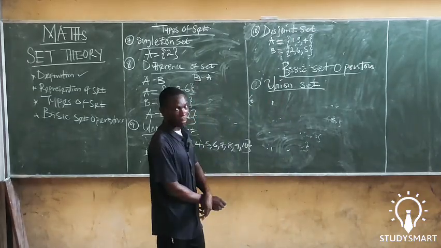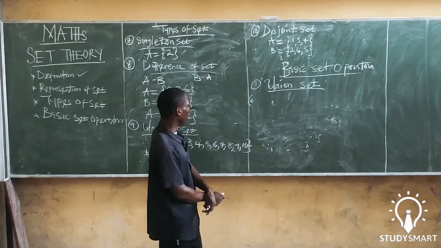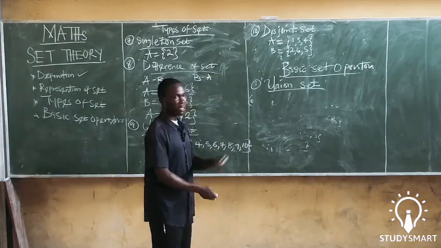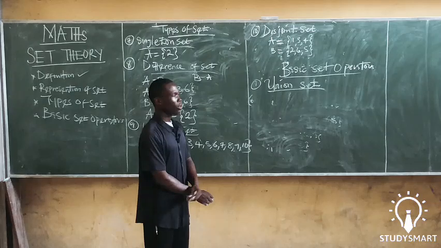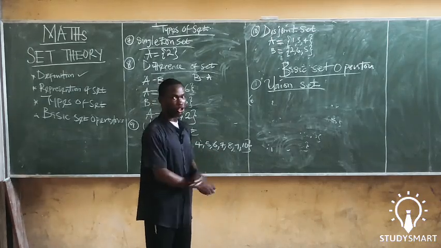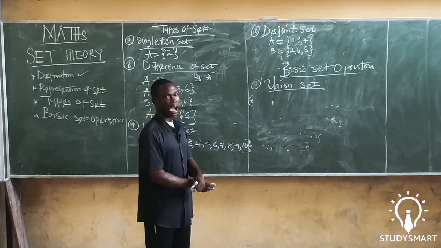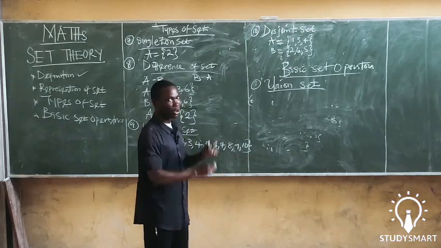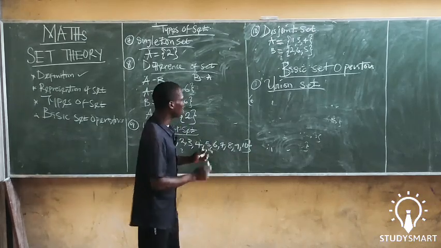This union set talks about the combination of set A and set B. Or you can say it is the set which involves the combination of the elements in set A and the elements in set B without repeating.